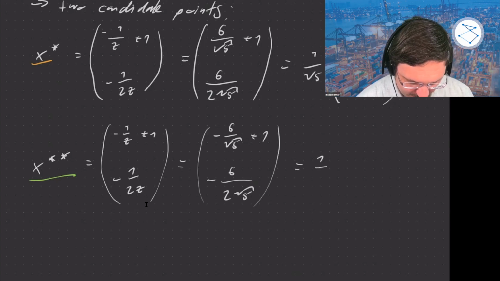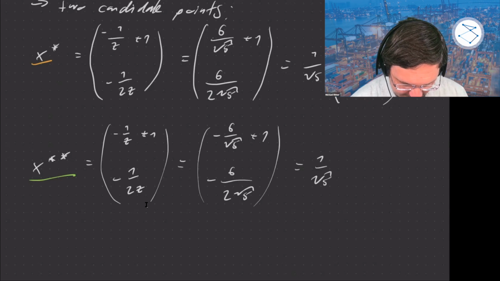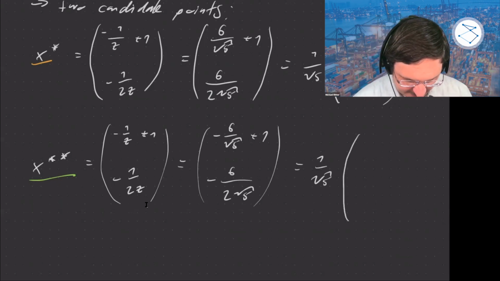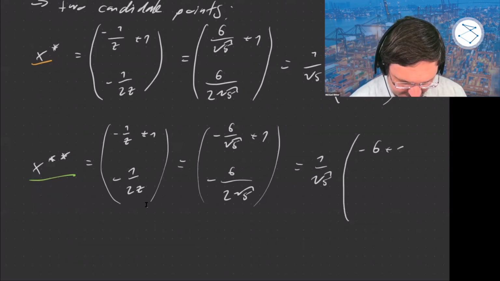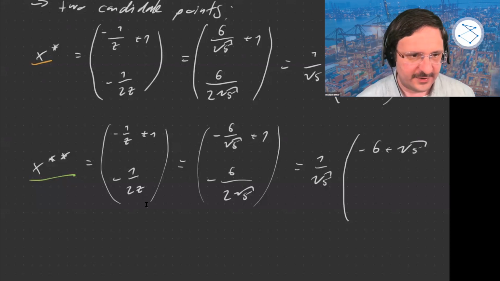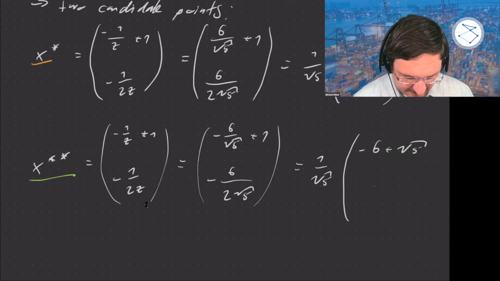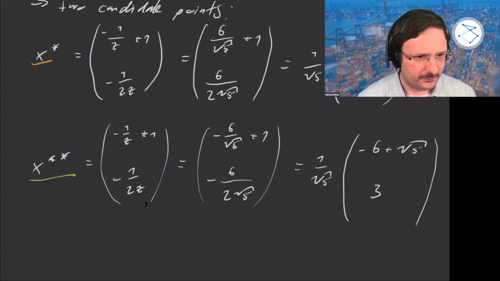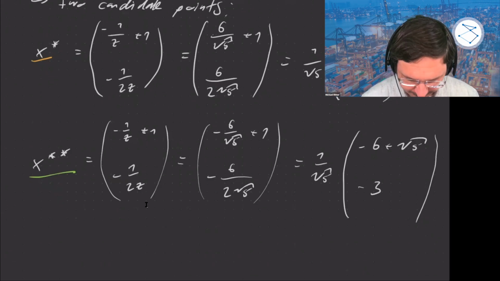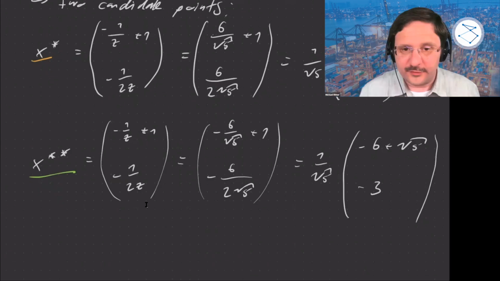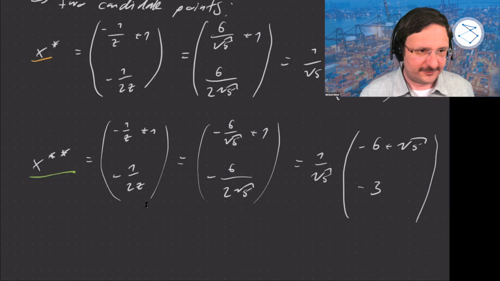And that will be 1 over square root of 5. We take that one out again, and we get minus 6 plus the square root of 5 and minus 3, sorry. Okay, so those are the two candidate points that we have.